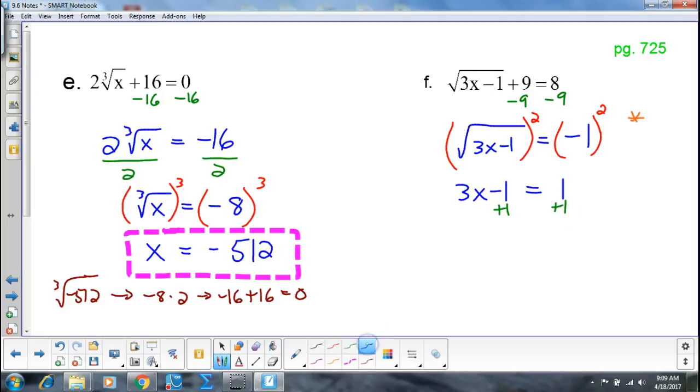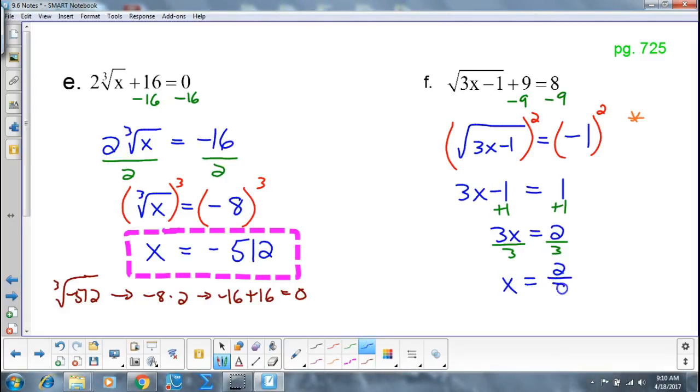And divide by 3. Okay. Wait, is it plus or minus 2/3? No. Just 2/3. Yep. Because we didn't take the square root anywhere. Oh, okay.